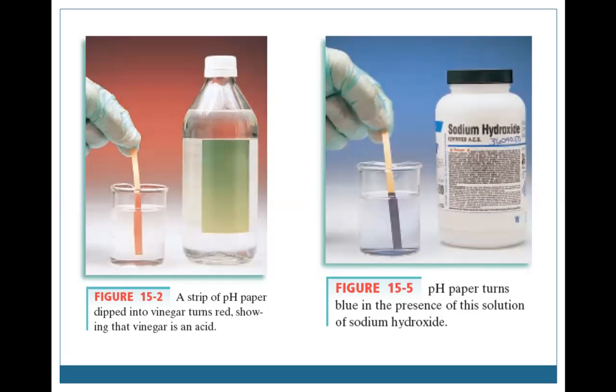It's also an easy way if you ever get asked about litmus paper. We don't generally use litmus anymore, but there's red and there's blue litmus. And so if you ever want to distinguish which type of paper you use with which type of solution, just remember red is acid, blue is base. You're obviously not going to use red litmus paper to turn red, so you're not going to use red litmus paper for an acid.